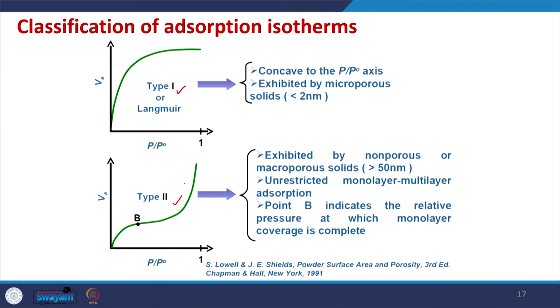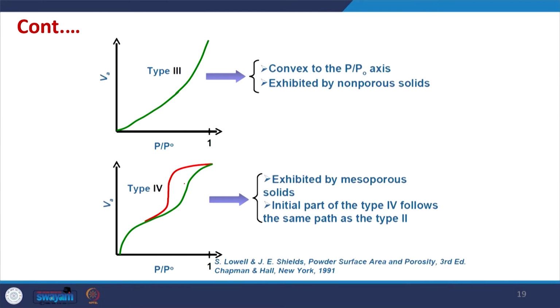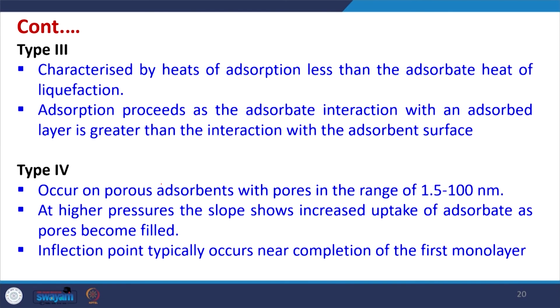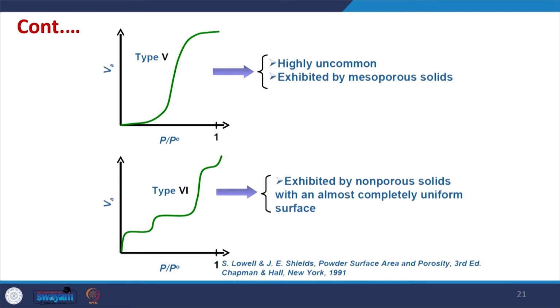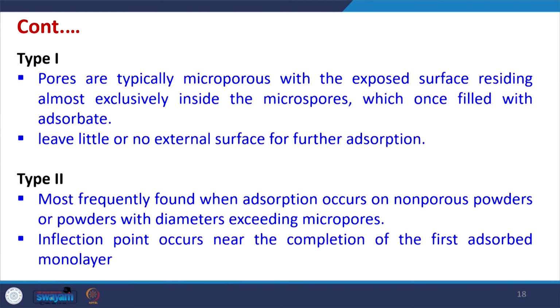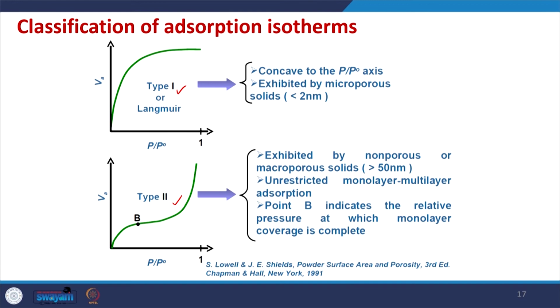There are different classifications like type 1, type 2, you can see here type 3, type 4, type 5 and type 6. So, there are classifications which have been given for different types of isotherms, which can be observed for any gas phase, and they give a lot of data for gas phase or liquid phase also.